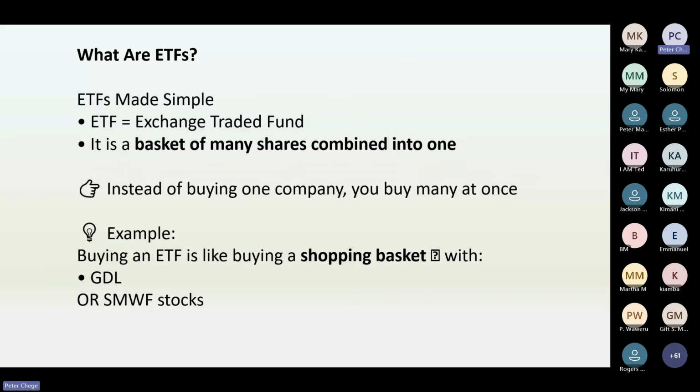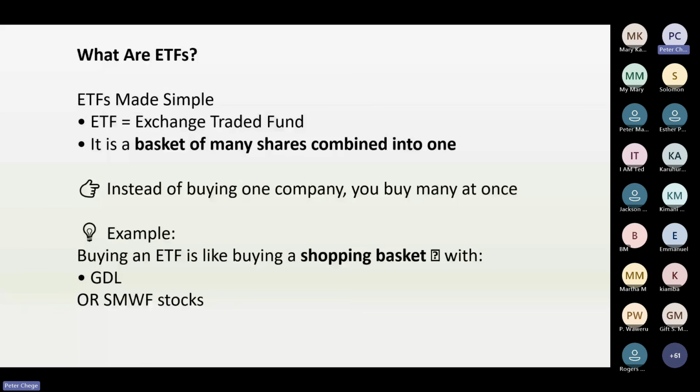A good example, when you go to the market, instead of buying individual banana, mango, melon, they are packaged into one pack. And you buy that one pack, but inside it has different fruits. It's the same thing when you're buying ETFs. Many stocks packaged into one, you buy that one unit.